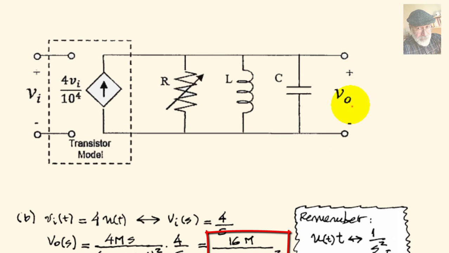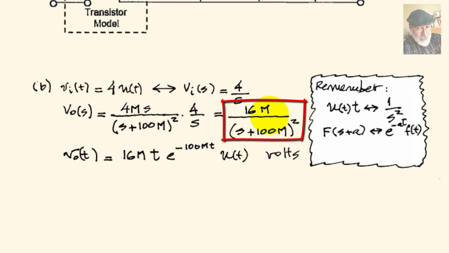This is the Laplace transform of the output voltage as a function of s. 4 times 4 million is 16 million. The s cancels out the s in the denominator, and we're left only with the denominator term s plus 100 million squared.